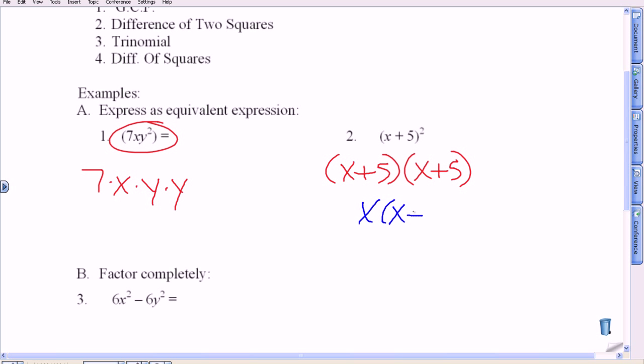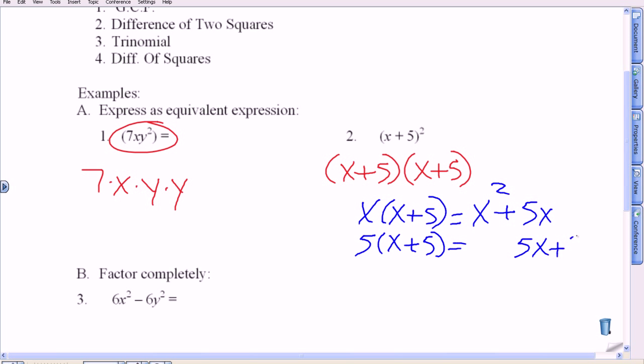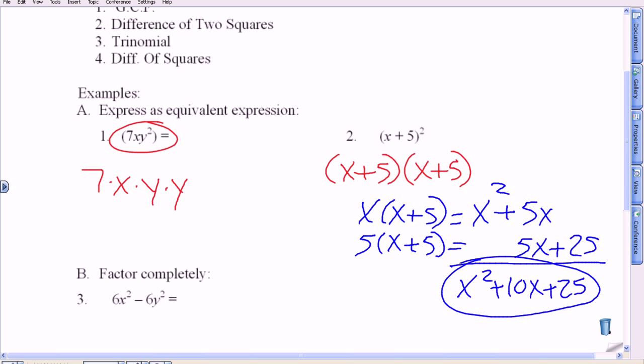X times x plus 5 and 5 times x plus 5 is double distributive property. This gives me x squared plus 5x, and this gives me 5x plus 25. So the final answer is x squared plus 10x plus 25, so I will box that up.